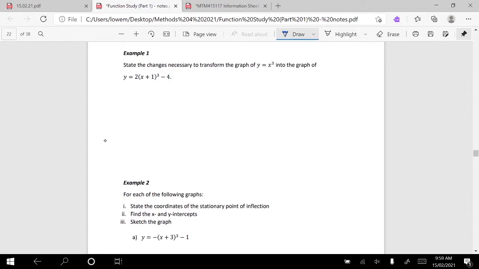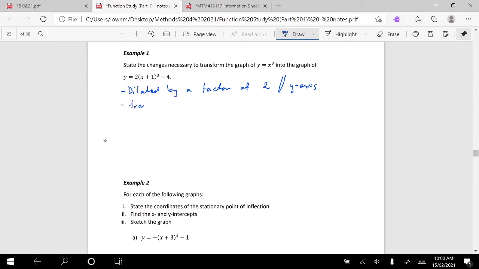First of all, we start with dilations, and we can see that it is dilated by a factor of 2 parallel to the y-axis. Then there's no negative there and no negative here, so we don't need to talk about reflections.